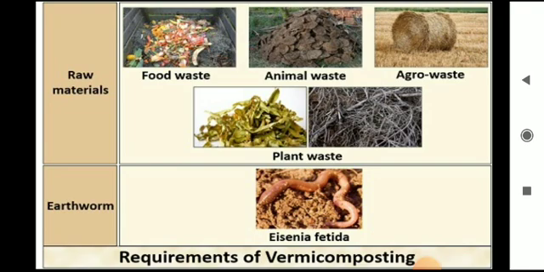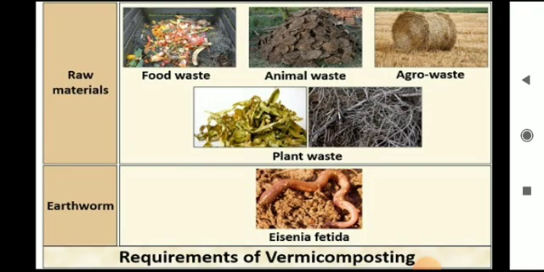Now tell me, what is compost? As you are making compost from the waste material, do you know what compost is? Compost is decomposed organic matter. And what type of organic matter? Biodegradable organic matter can be decomposed and it will become compost.